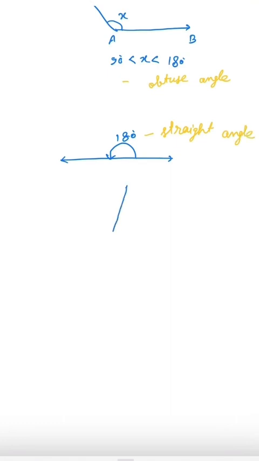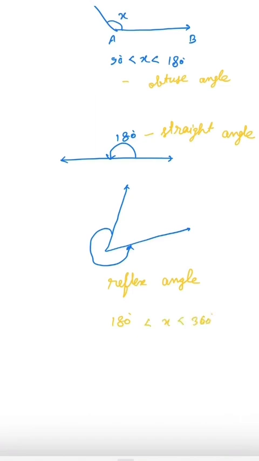And if we have something like this, it is called a reflex angle. Now please note that a reflex angle always lies between 180 and 360 degree.